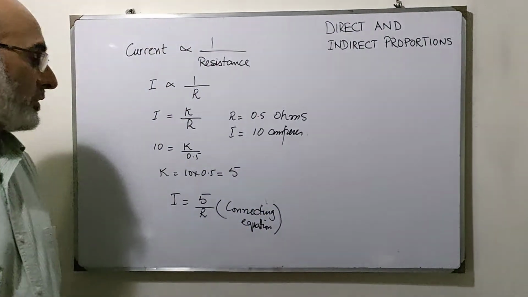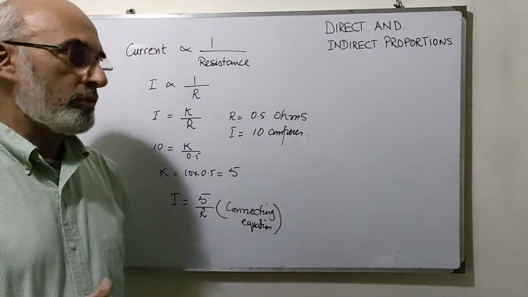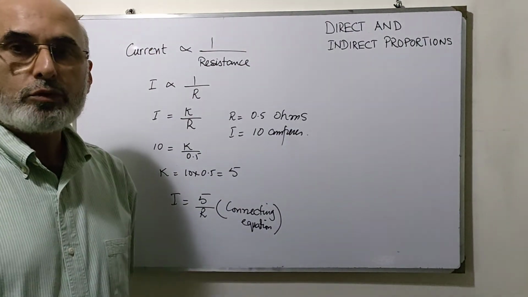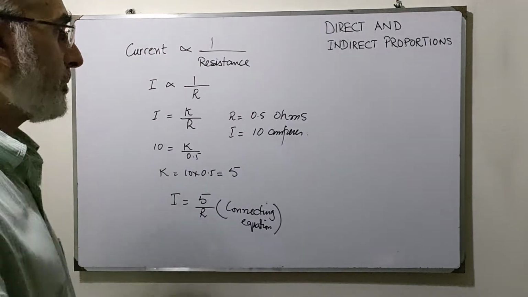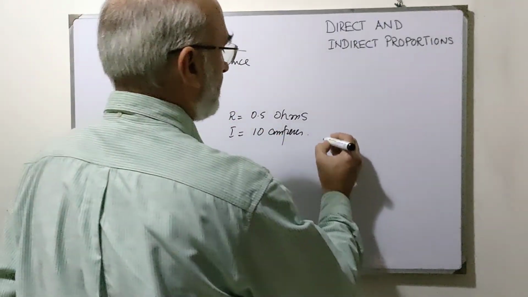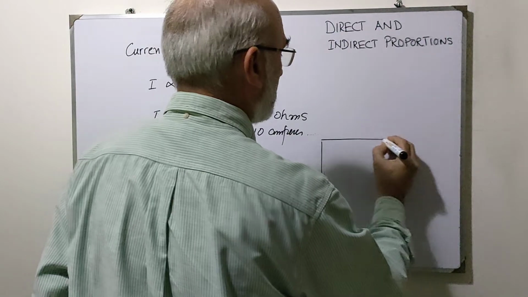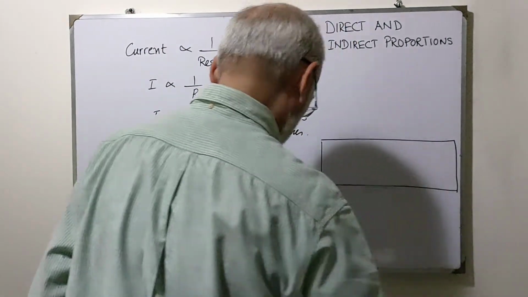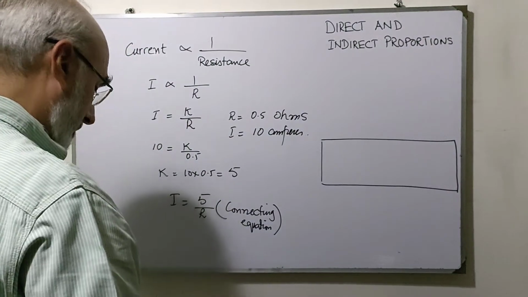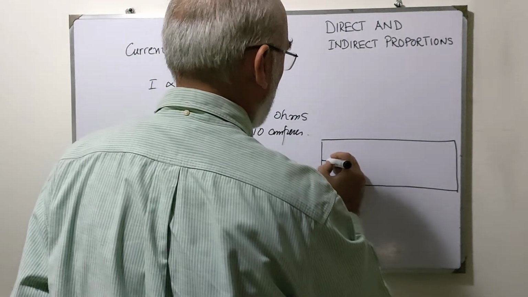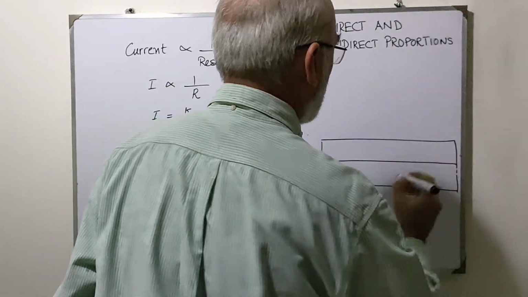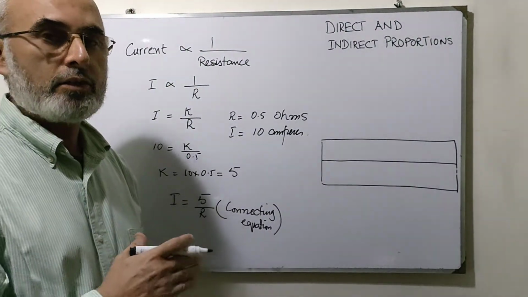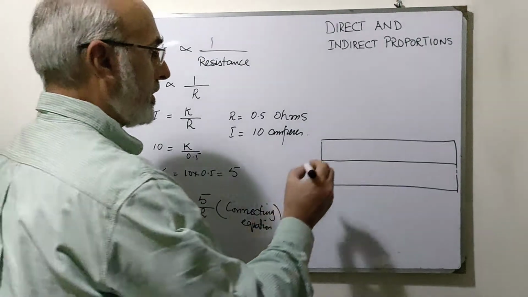Since we have to draw a graph, let's have some more values and use them for the graph. I'm going to take resistance on the x-axis and current on the y-axis.